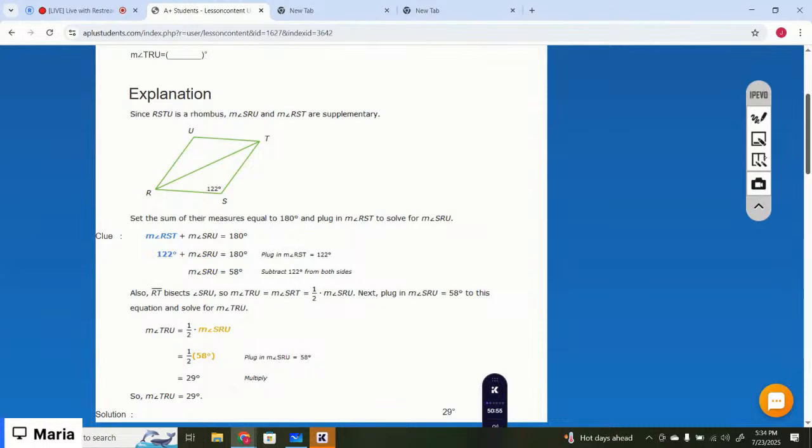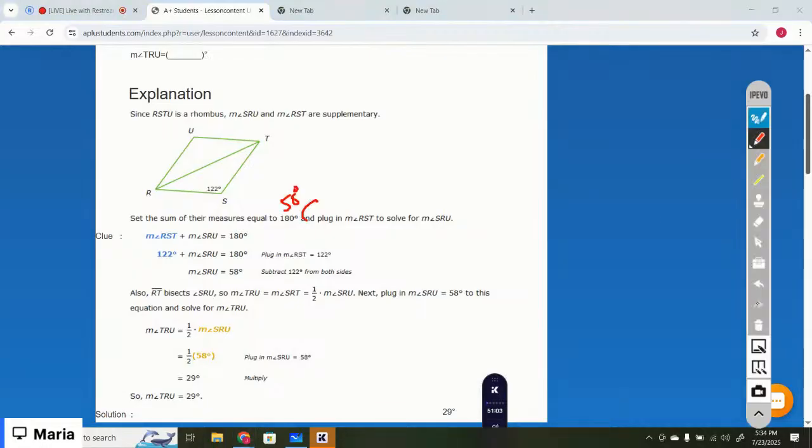Since RSTU is a rhombus, the measure of angle SRU and the measure of angle RST are supplementary. So the measure of angle RST plus the measure of angle SRU equals 180 degrees. The measure of RST is 122, which we are given.